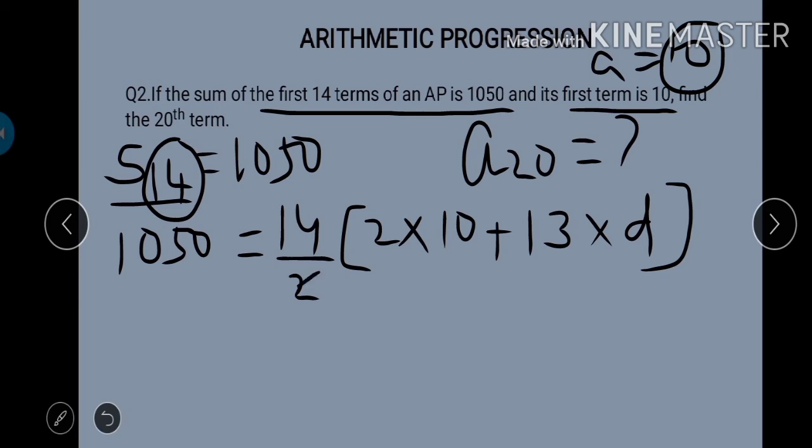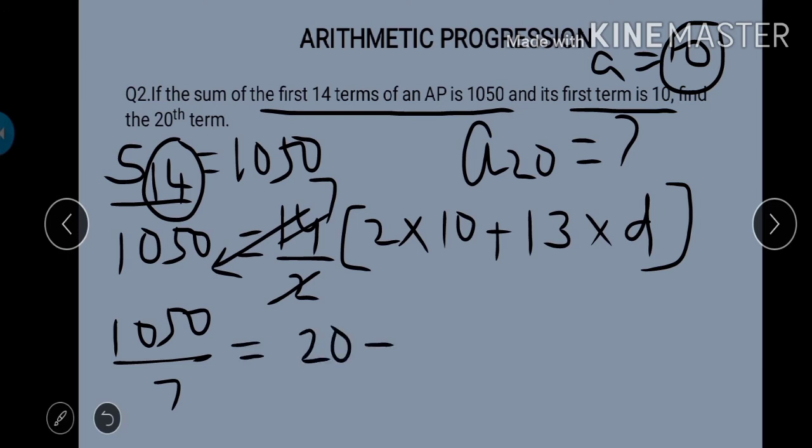So this is 7. 1050 divided by 7: the 7 goes to the denominator, and I have 20 plus 13d. 7 ones are 7, 7 fives are 35, 7 zeros are 0, so 150. Therefore this 20 gets transposed.